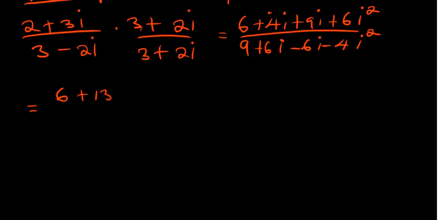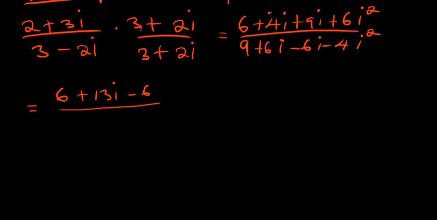Then the next one, you are going to say plus 6i squared, and remember i squared is equal to negative 1, so it is going to be minus 6. Then you also come down, say 9 minus 6, which will give you 3.